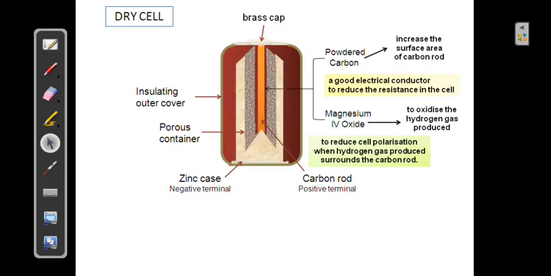Now as you know, hydrogen is very volatile. If you allow it on its own without any guard, it may create a bomb. It may explode. The moment you switch on your torchlight, boom, it goes.